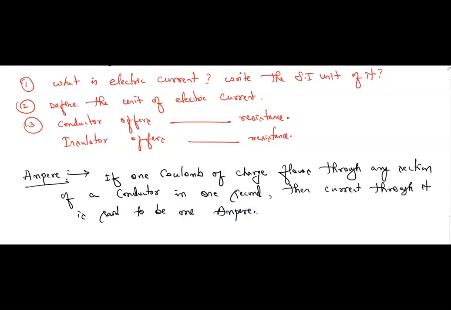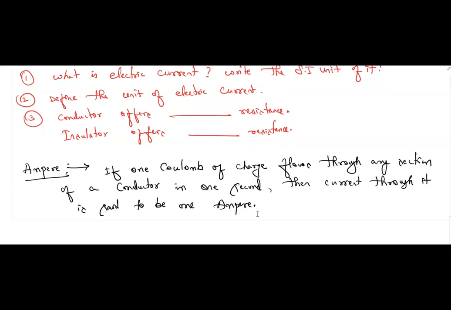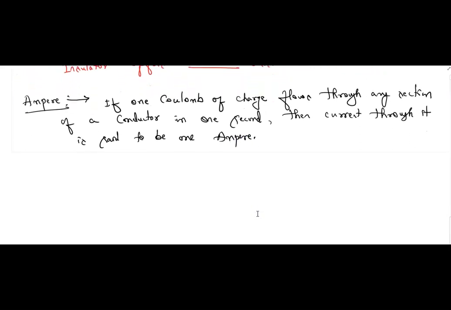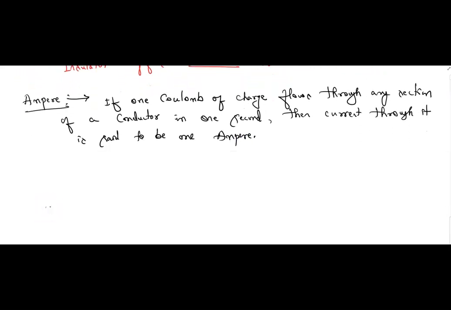Ampere or 1 ampere, both are one and the same, no need to get confused. Is this clear? Children, you should know this: 1 ampere equals 1 coulomb upon 1 second.